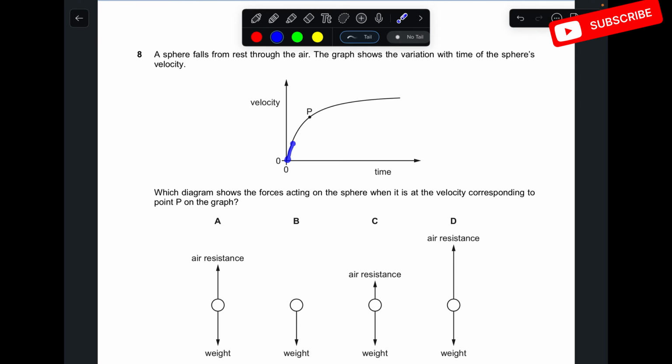With the passage of time, air resistance will increase. At this time, air resistance is significant, but it is less than weight. At this point, the weight and air resistance are the same. So air resistance should be less than weight. Okay, so this is not the option, they are equal. This is not the option, air resistance is more. This is not the option because there is no air resistance. So it's option C that is correct.